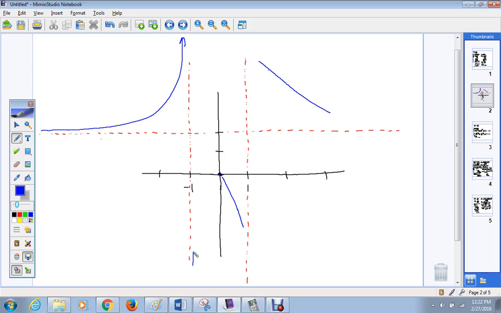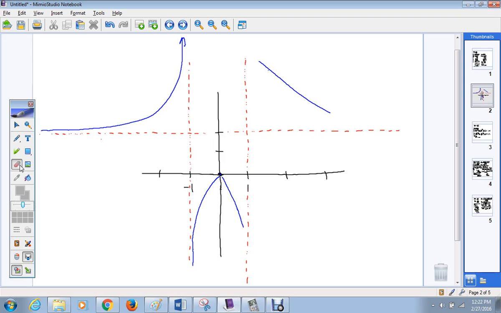So increasing concave downward, and we know there's an x-intercept at 0, 0. And from 0 to 1, we're decreasing, and our concavity is still down.